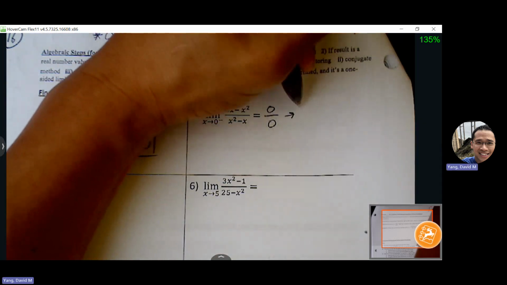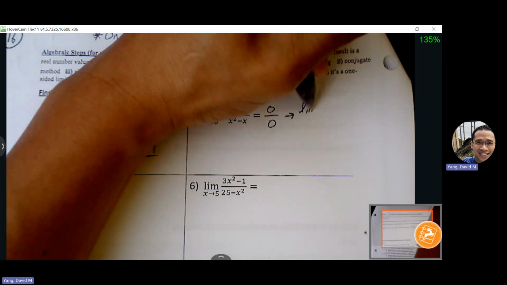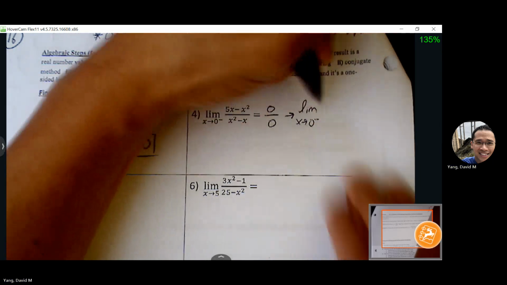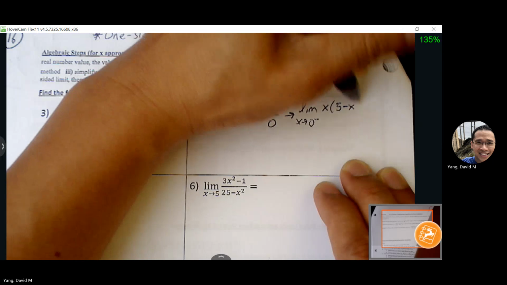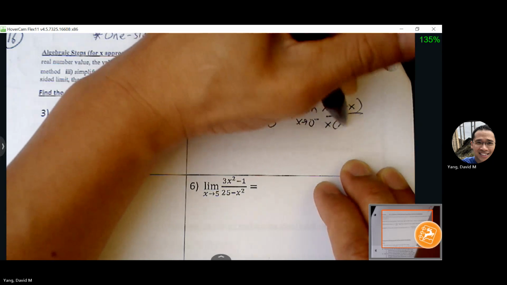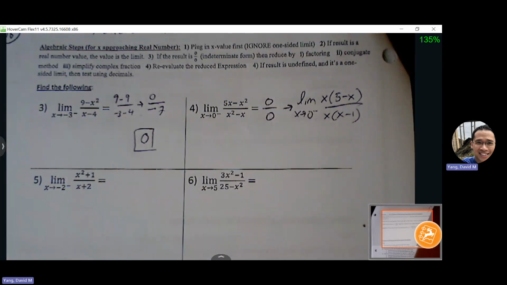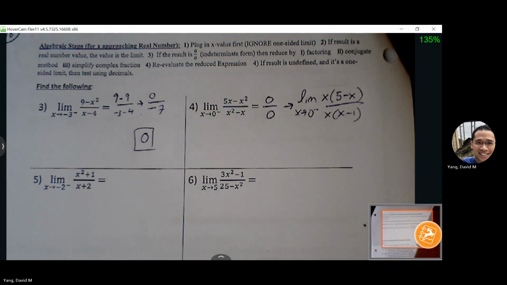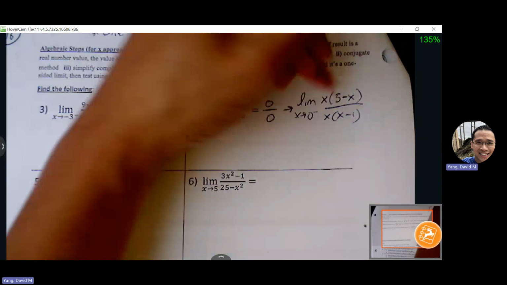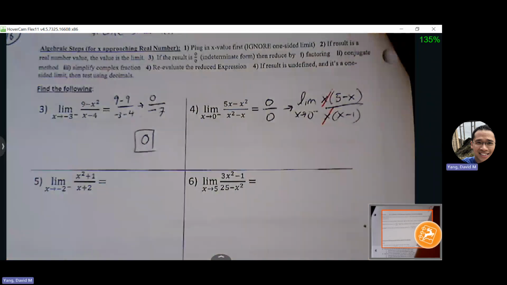Which means we got a factor, right? We're looking for a hole. All right, what do we see? Anything cancel out? X's. Now we can do what?